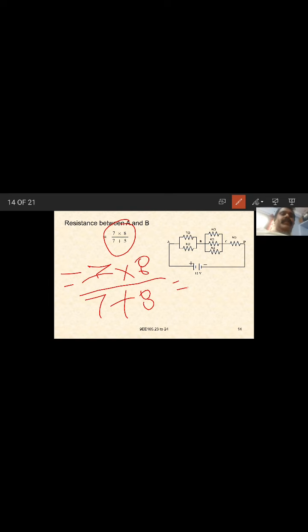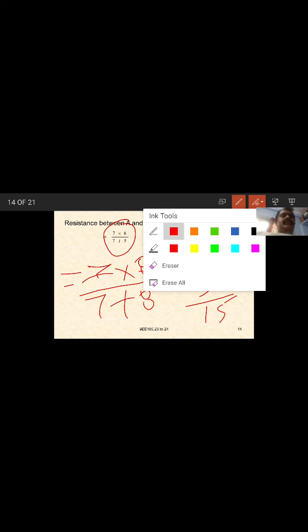Resistance between A and B is 7 into 8 by 7 plus 8, which is 56 divided by 15, that is 3.73 ohms. The resistance between B and C is 6 into 3 into 4 divided by 6 into 3 plus 3 into 4 plus 4 into 6, that is 72 by 18 plus 12 plus 24, which is equal to 1.33 ohms.